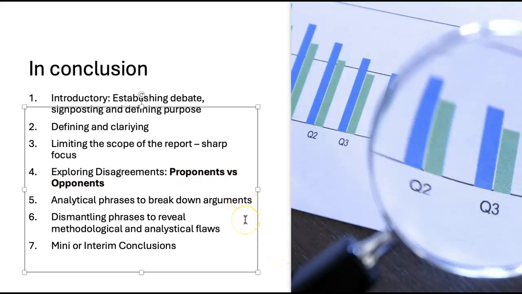Use analytical phrases and dismantling phrases to show analytical flaws and things that you would like to criticize in the report or to praise. And finally, mini or interim conclusions tell your reader what the significance of that section of the report is. They are absolutely crucial in terms of building up and evaluating arguments.